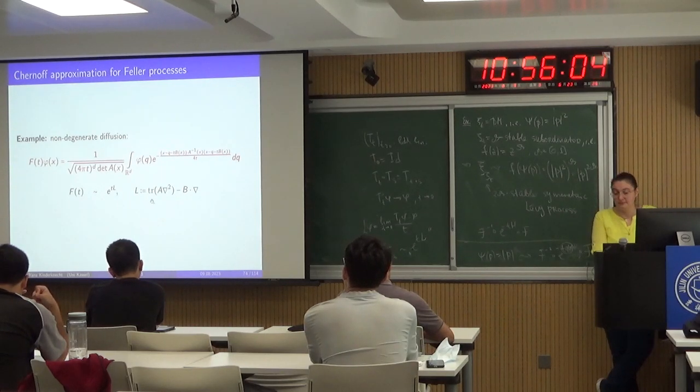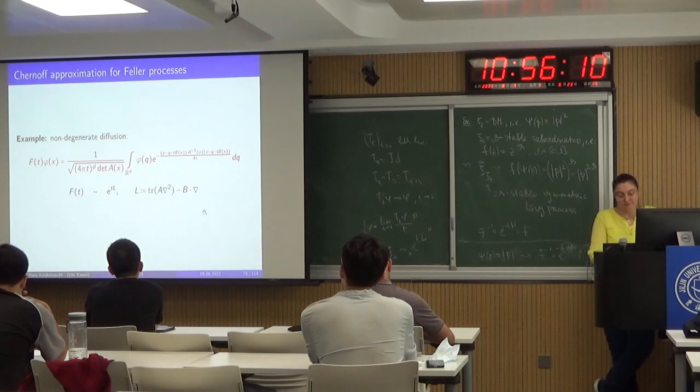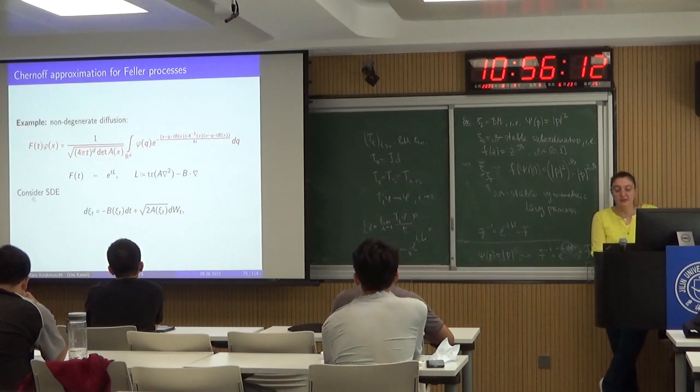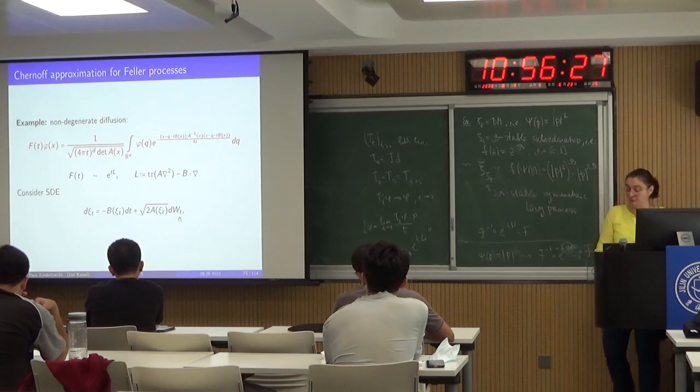Okay. So second order term and first order term, diffusion reduced. So consider the corresponding SDE: dxi(t) is minus b(xi(t)) dt plus square root of 2a(xi(t)) dw(t). Here w(t) is the Wiener process, Brownian motion.